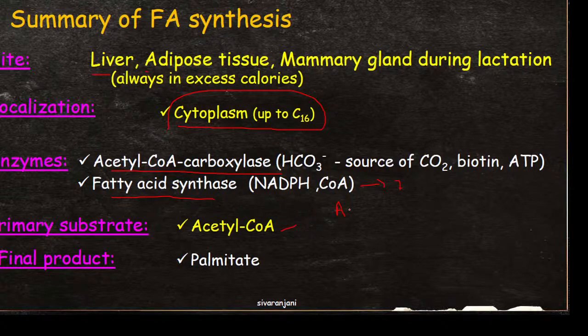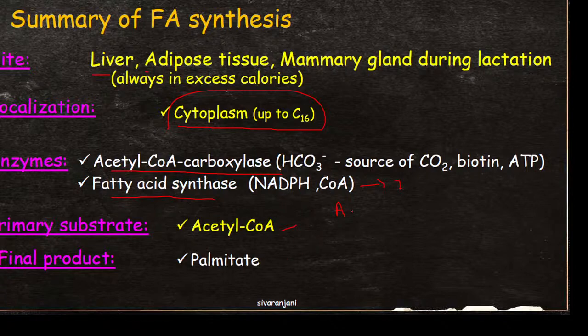One acetyl-CoA is enough for the synthesis of one palmitic acid. The 2 carbon units are contributed by acetyl-CoA, and the remaining 14 carbon units are contributed by malonyl-CoA. In each cycle of the fatty acid synthase complex reaction, one molecule of malonyl-CoA is contributed.